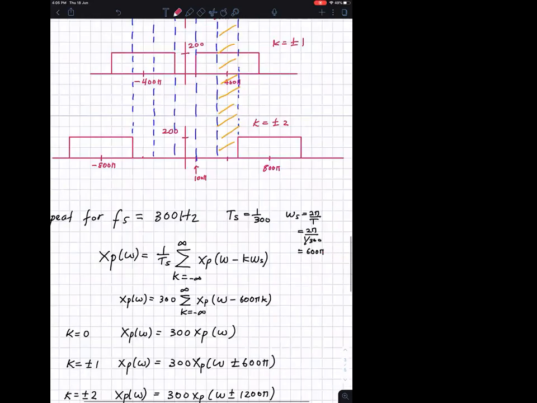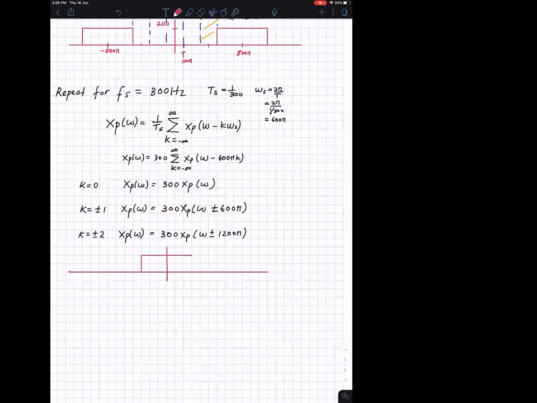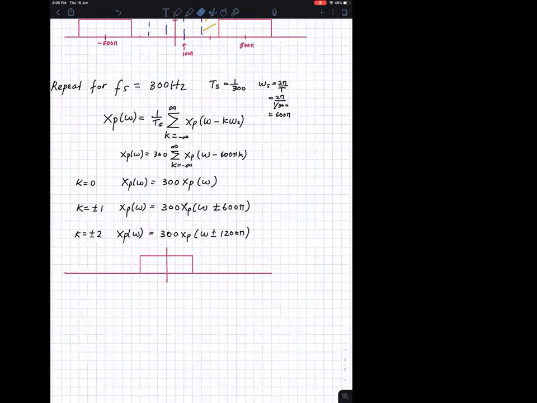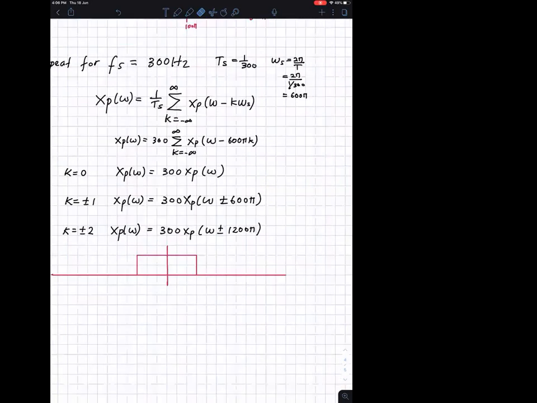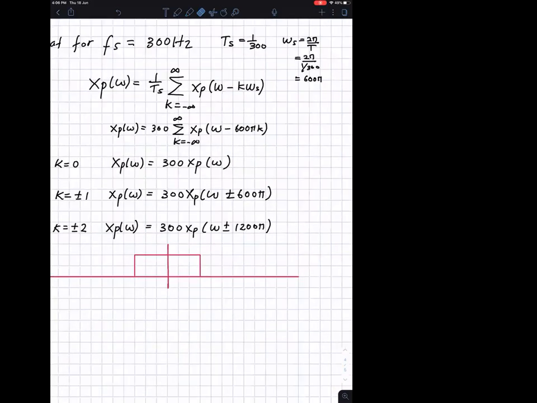Same as before, when k is 0, the amplitude is plus minus 300.